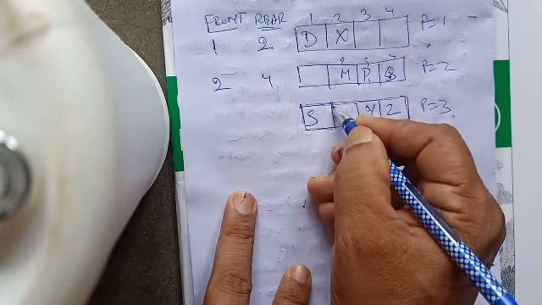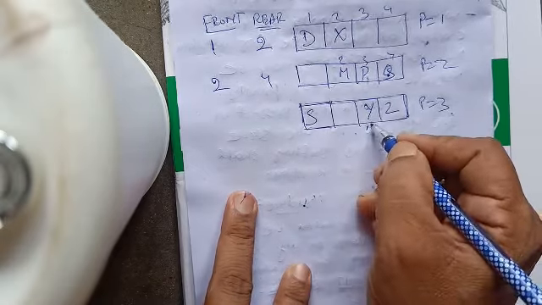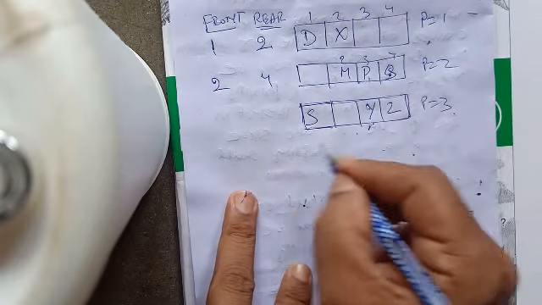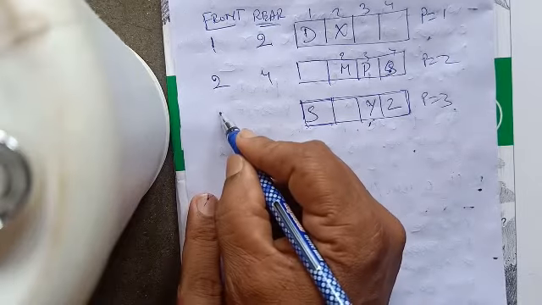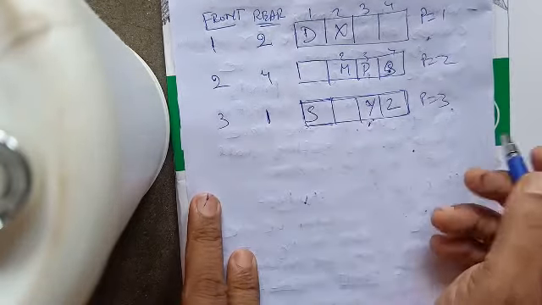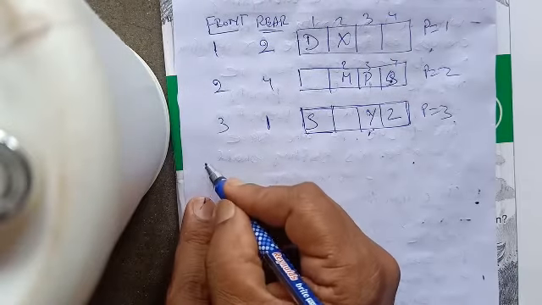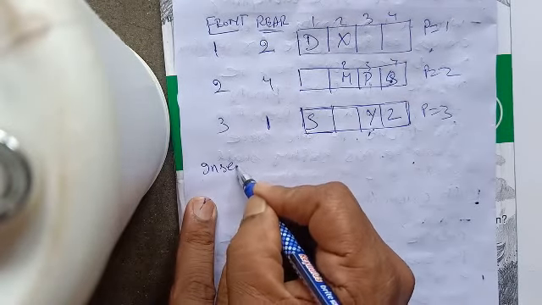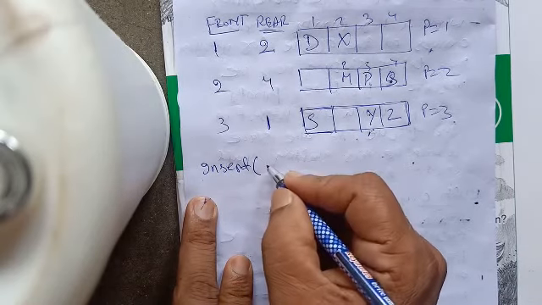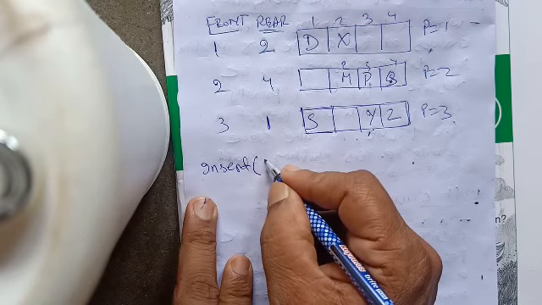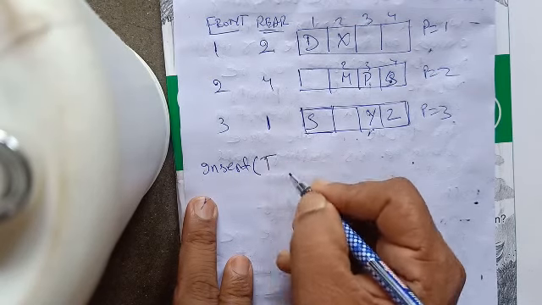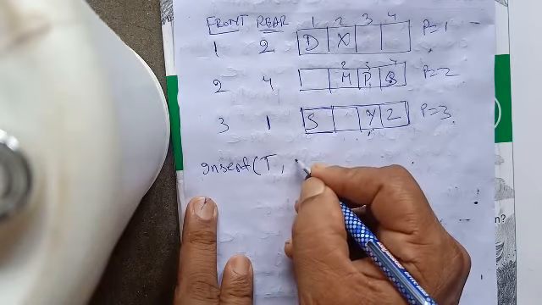Is it possible that Y will be front and S will be rear? Yes, it is possible because we are maintaining a circular queue. So front is right now 3 and rear is 1. Now at this juncture, suppose we perform an insert of, let's say, T with priority value 2.